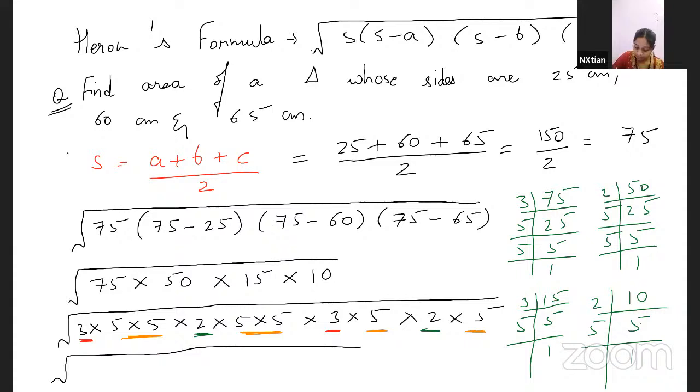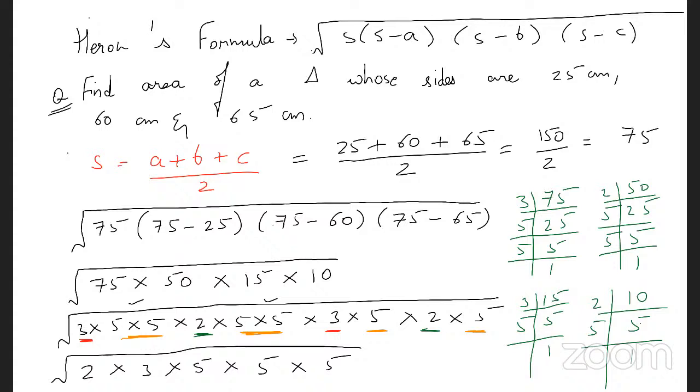Let's start with 2. You start with a smaller number. 2 from the pair of 2, 3 from the pair of 3, 5 from this pair, then 5 from this pair, and then 5 from the last pair. So we have 2 into 3 into 5 into 5 into 5, one of each pair. Now solve it.